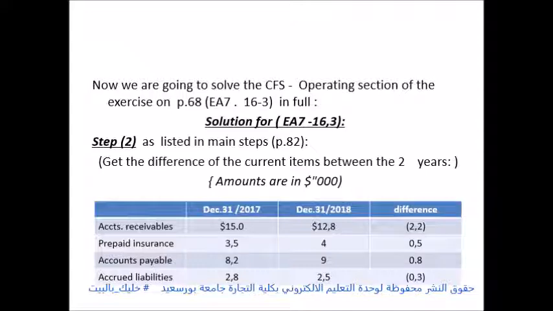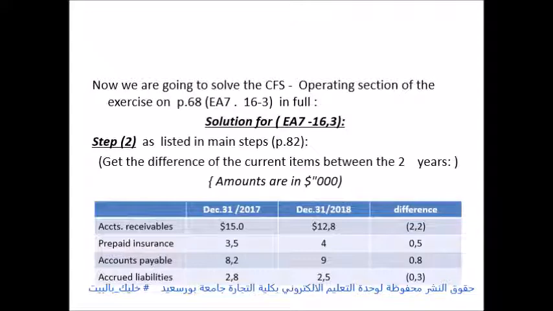For example, accounts receivable at the end of 17 was $15,000. At the end of 18 it was 12,800. That means the difference is minus 2.2. You can compute the differences for the other items.